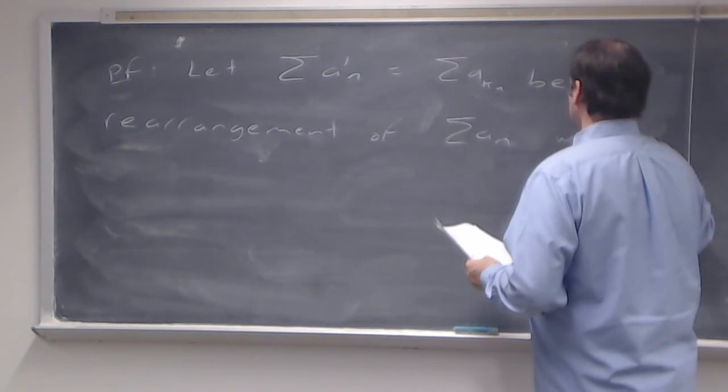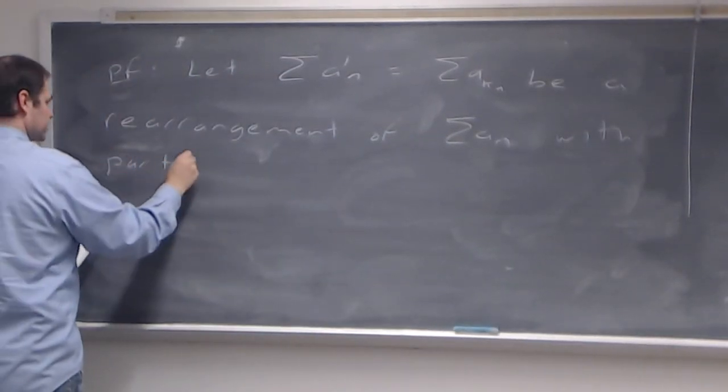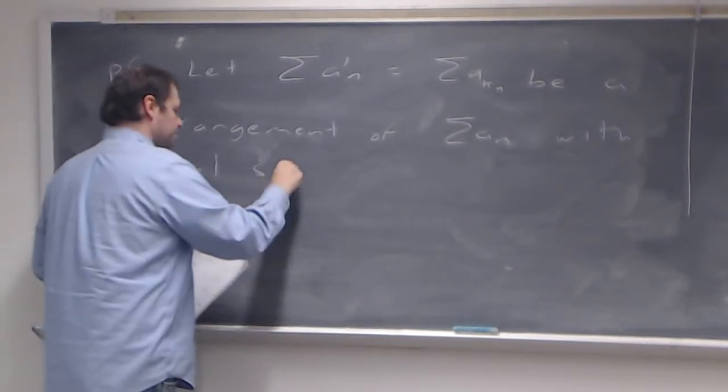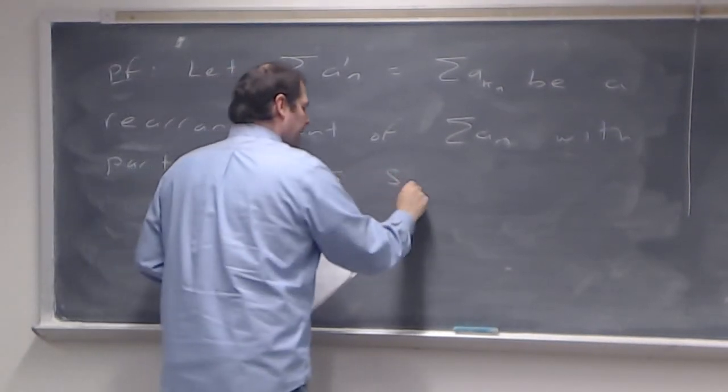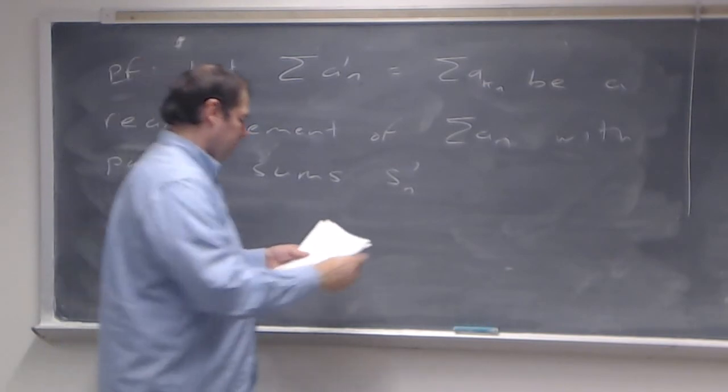Here are the partial sums for the rearrangement, s sub n prime.